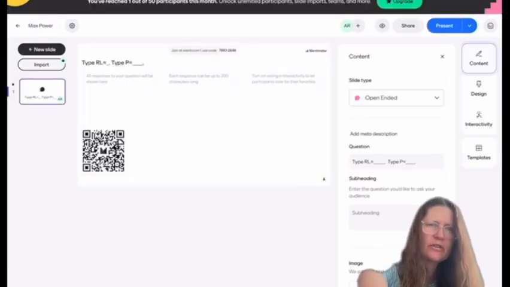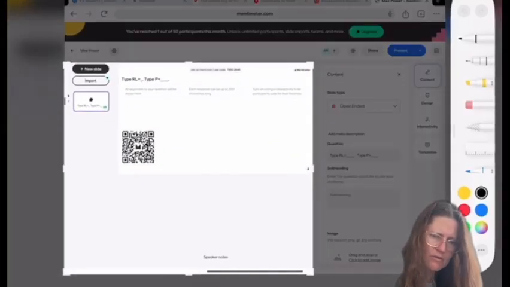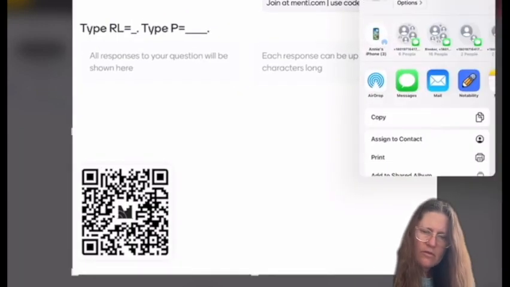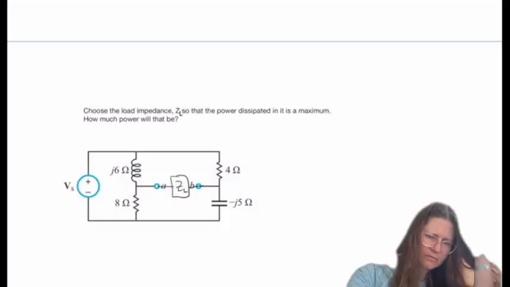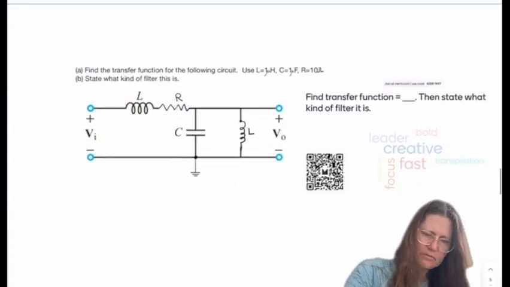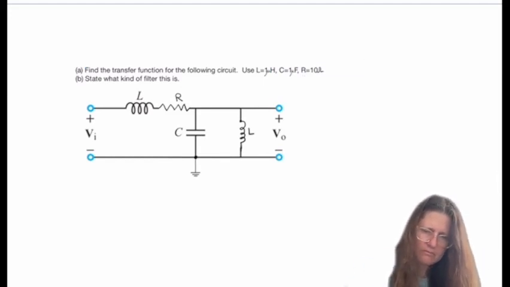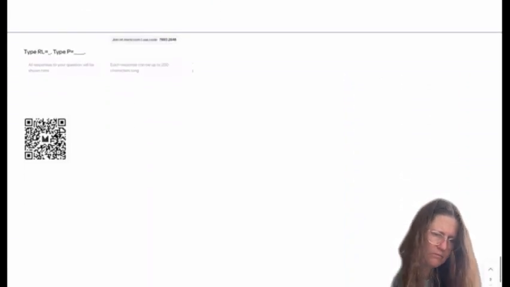This will work. Okay, this one will let you type special characters where the other one did not.